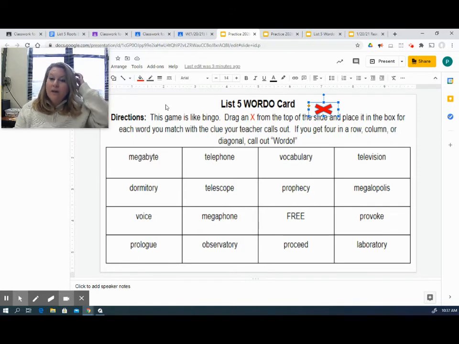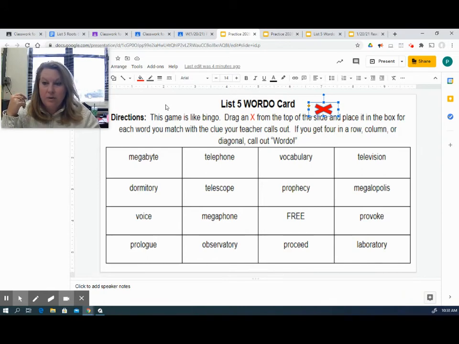Okay, so hopefully you have at least one WORDO, if not more than one, based on the roots and affixes that I've called. So I'm going to go over the ones that I've called, and then at the end, I'll go over the one that I didn't call. So you can check to see if you got this right, and you can also make a note of any that you got wrong. So maybe just have a little scrap piece of paper, or even your notes.